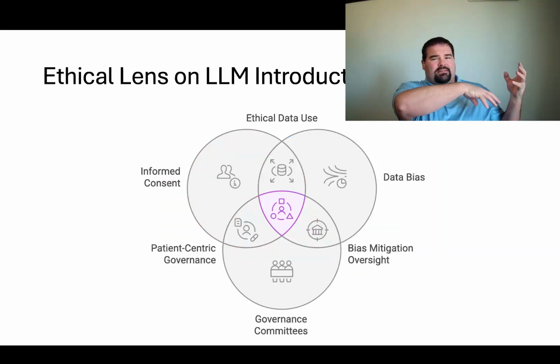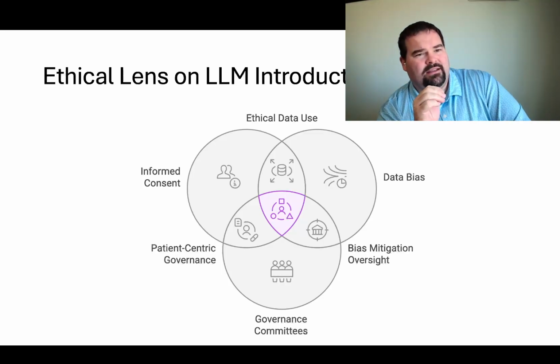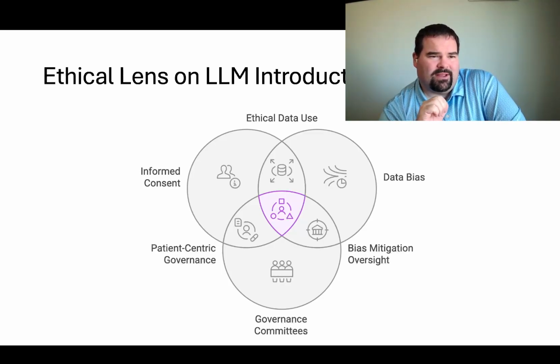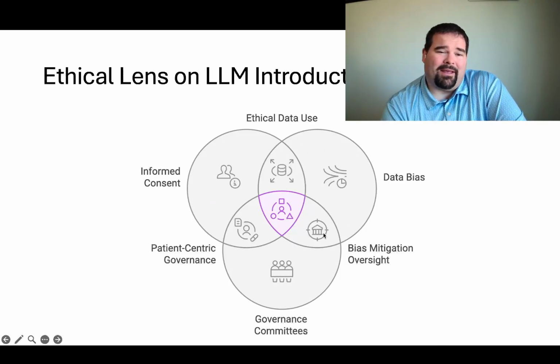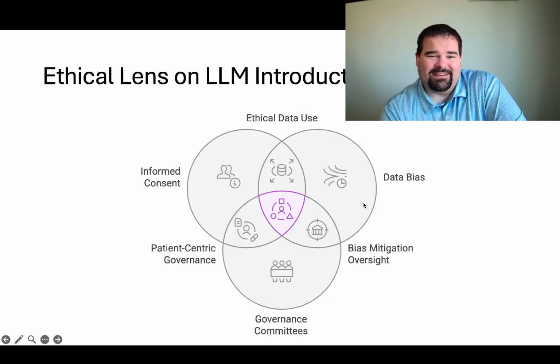I want to just quickly start teasing our next discussion, and this is the ethical lens of introducing large language models to healthcare. So I try to do this little Venn diagram. We've got bias mitigation, oversight, governance committees.